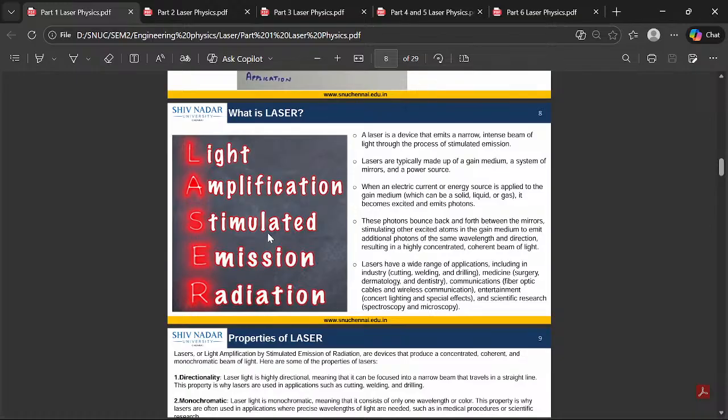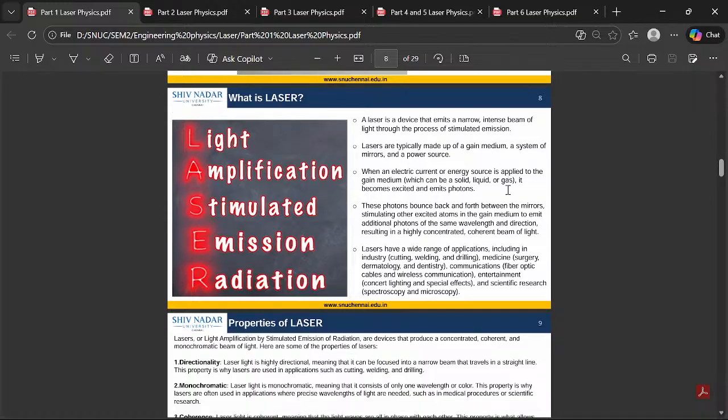These lasers are typically made of a gain medium, a system of mirrors and a power source, which we will discuss later. When an electric current is given to the laser, the electrons in the gain medium get excited and then return to the ground state, and with that action we receive photons, and that's the light which comes out of stimulated emission of radiation.